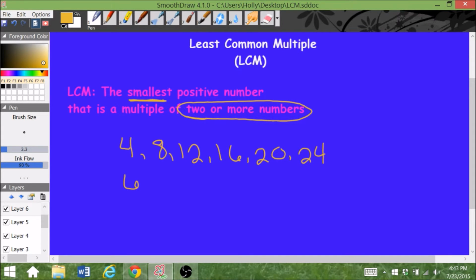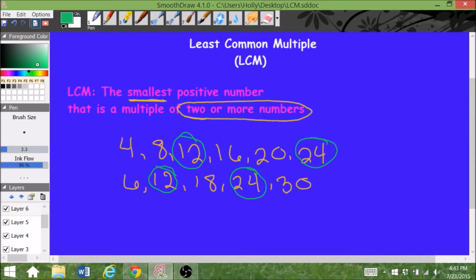If we count by 6s, we get 6, 12, 18, 24, 30. Now we're going to look for common multiples. What do these two lists share? Well, I see a 12 in both lists, and I see a 24 in both lists.